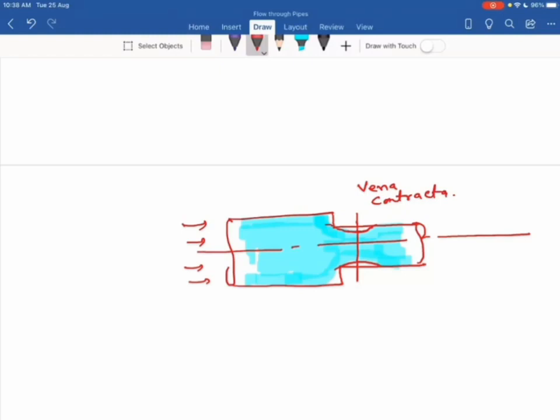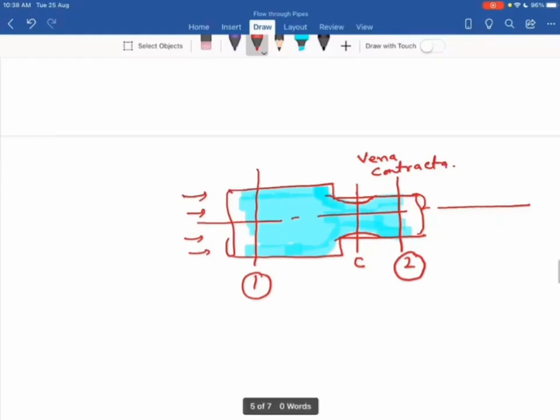So now I mark three sections: section 1, section 2, and the other section is section C, that is at vena contracta. At section 1, I write velocity as V1.